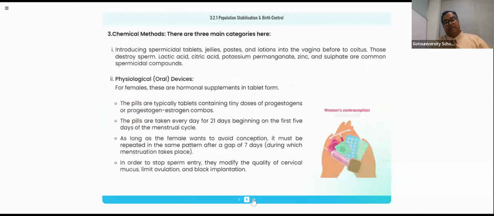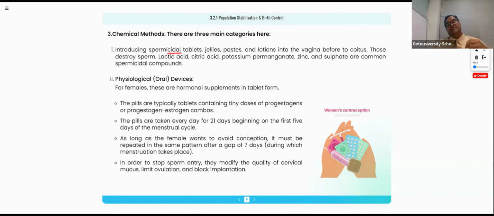Now we are coming to the chemical method. In this chemical method, what are the ways to stop conception? One is spermicidal; cidal denotes sperm-killing efficiency.